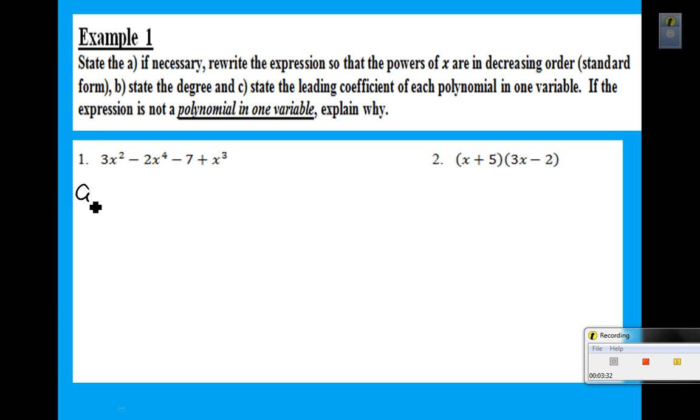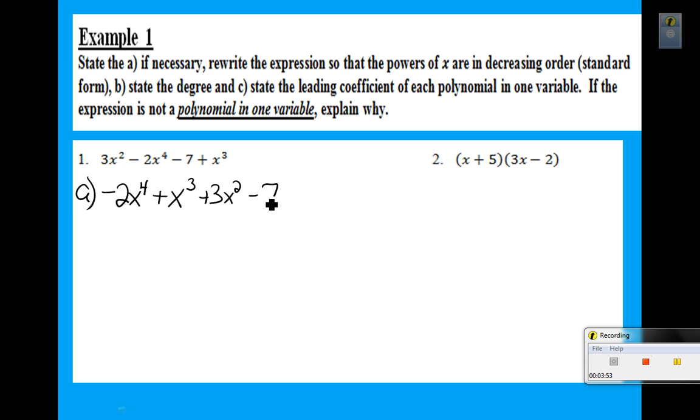On part A, I'm going to put this in the correct order. It is a polynomial because when I look at the powers, there's a 2, a 4, a 0, and a 3. When I put this in order then, guys, it's going to be -2x to the 4th plus 1x cubed plus 3x squared minus 7.